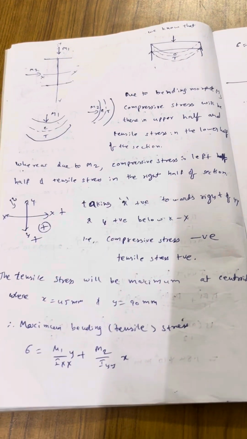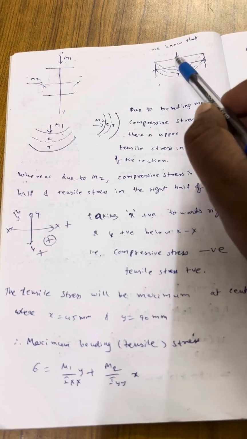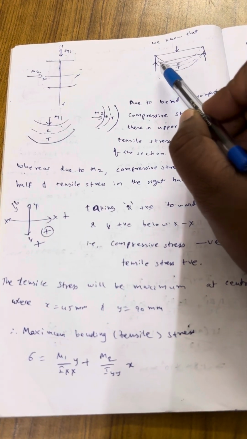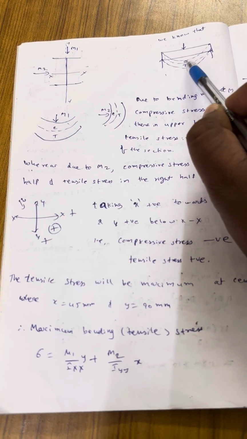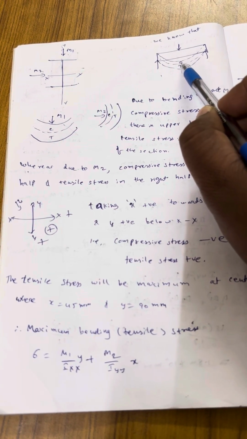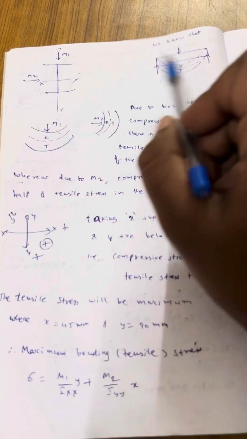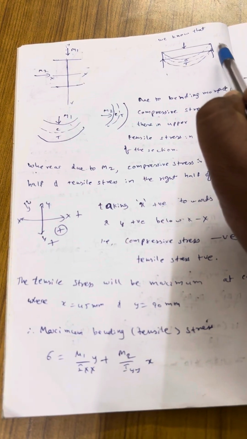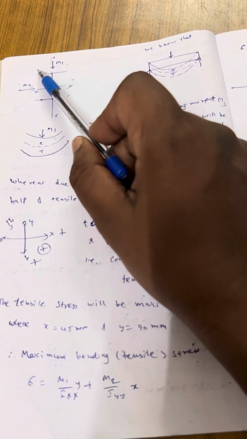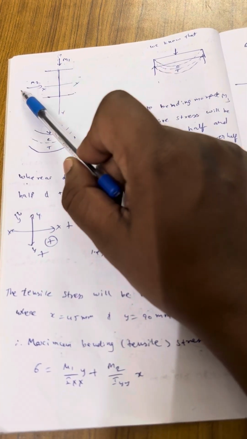Now we know that whenever there is bending, deflection will occur, and above the neutral axis the beam is subjected to compression, below the neutral axis it is subjected to tension. We have resolved M into two components, M1 and M2.